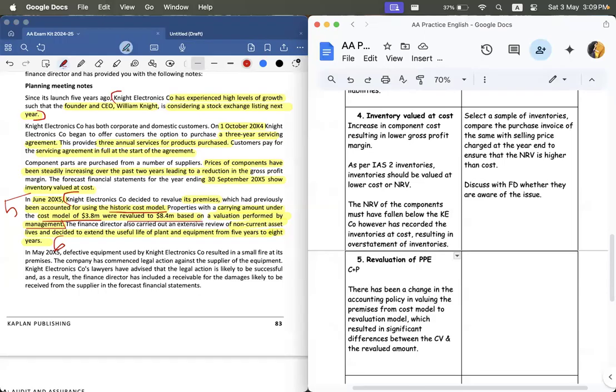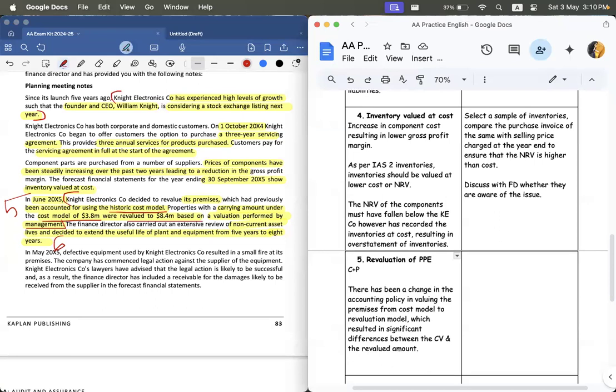All people are not like that, so they may have differences in framing sentences, and that is okay. ACCA knows that. They don't need perfect answers. If perfect answers are what they look for, then they wouldn't give the exams, right? Because they know people have different languages, they have different tones, so it is okay. Clear?